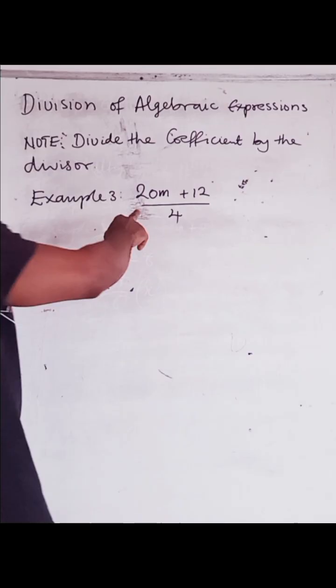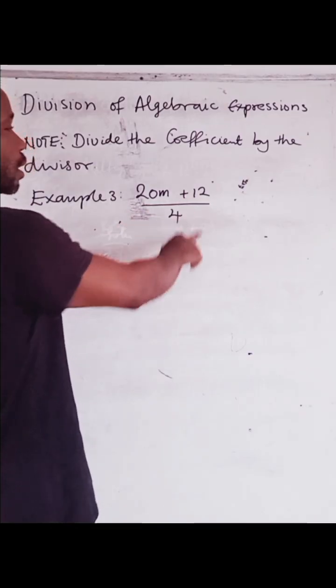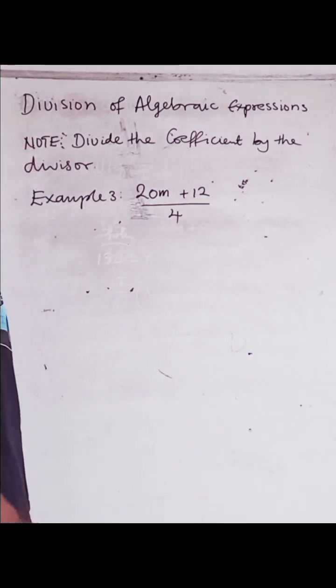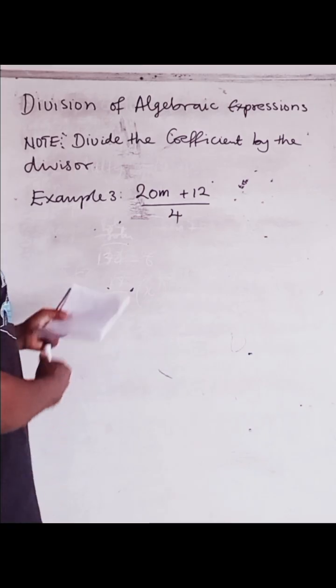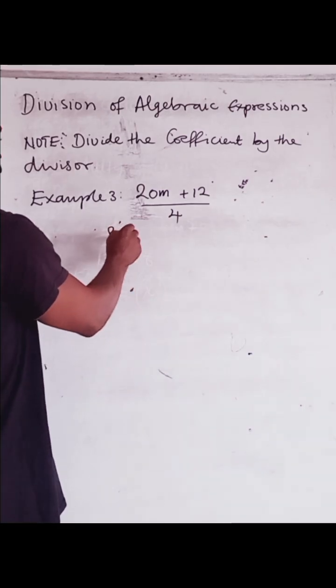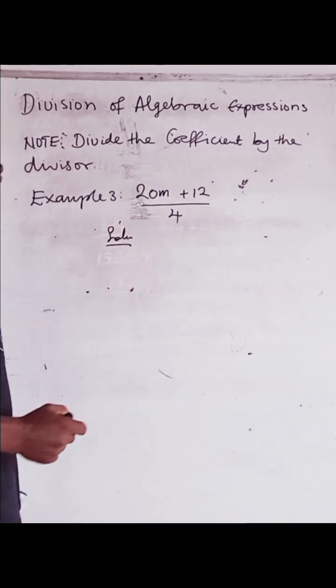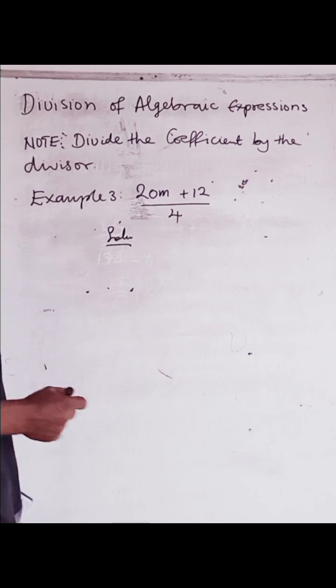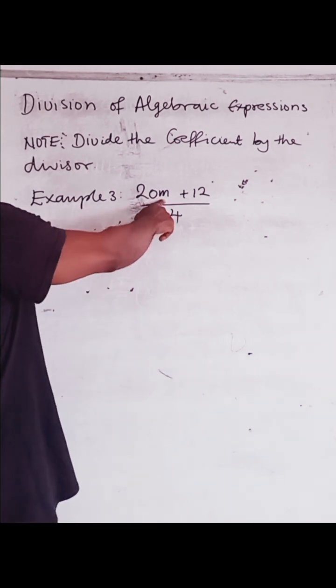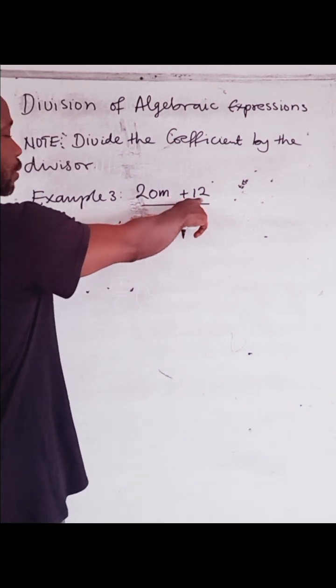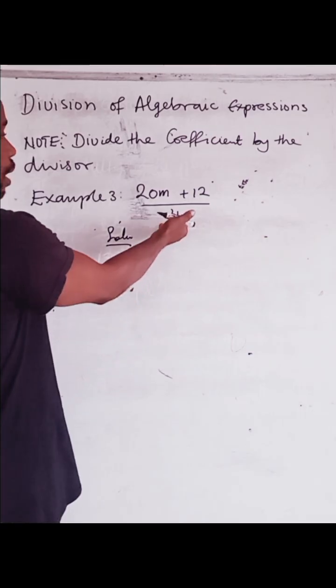Example 3. 20m plus 12 divided by 4. Solution. So I want you to look closely at this algebraic expression. This is 20m plus 12 divided by 4.